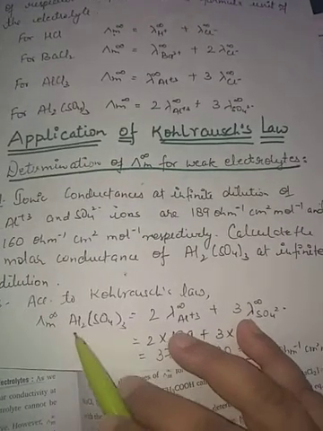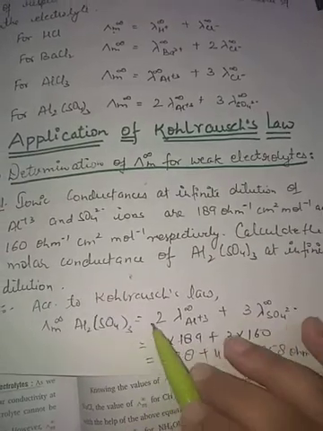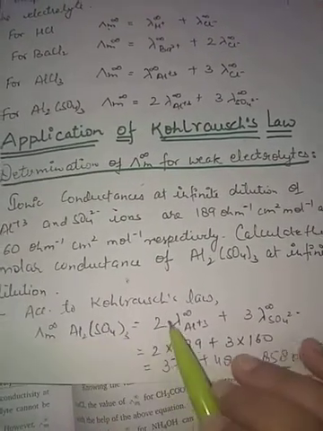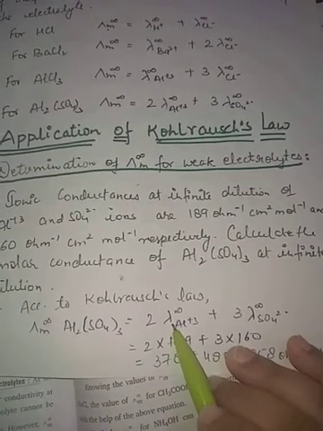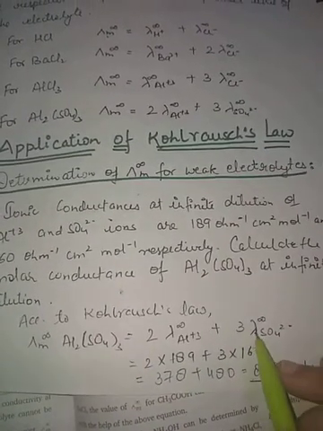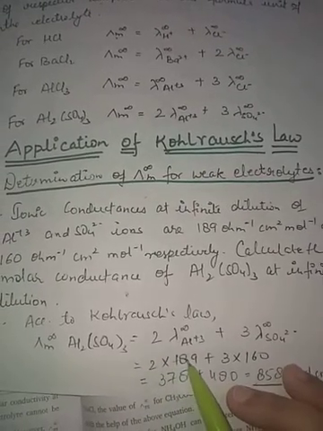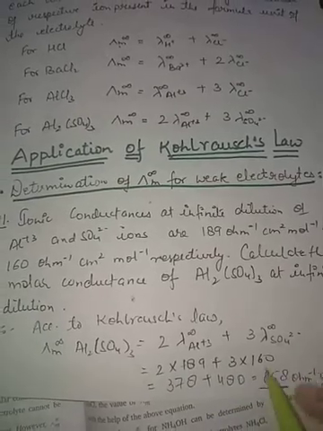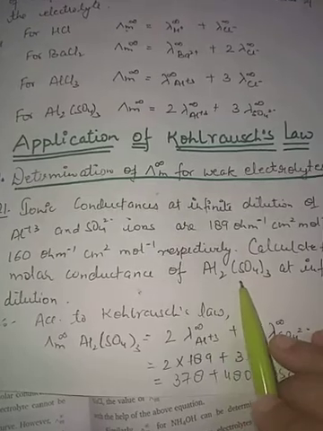According to Kohlrausch law, the molar conductivity of Al2(SO4)3 equals 2 times the molar conductance of aluminum ion, plus 3 times the molar conductivity of sulfate ion. So 2 into 189, which is given to us, plus 3 into 160, and then we'll calculate. This was the simple method where the molar conductances of both the ions are given.